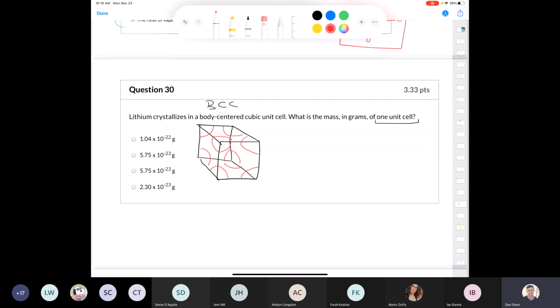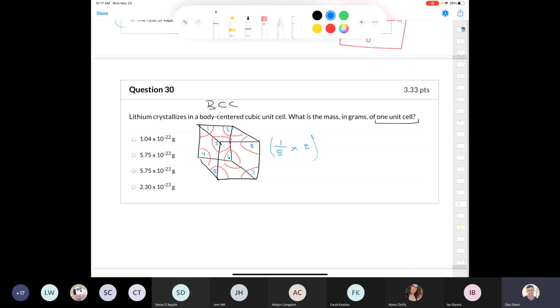So that's a total of 8. I explained to you how each one of those corners takes up 1/8 of a sphere. You'd have 1/8 of a sphere times 8 corners. That's in a simple cubic.